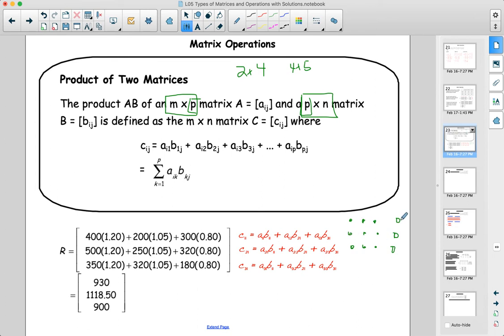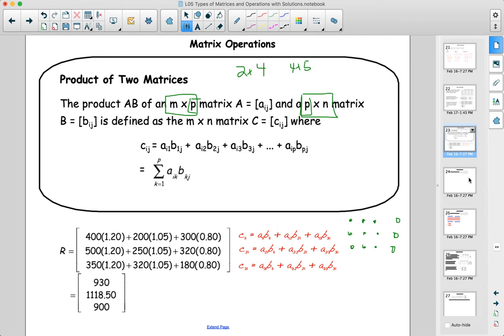So A21 by B11, A22 by B21, A23 by B31. And this last one would be obtained by multiplying the third row by the first column. So we have A31 by B11, A32 by B21, and A33 by B31. So I hope that little visual helped you understand that.